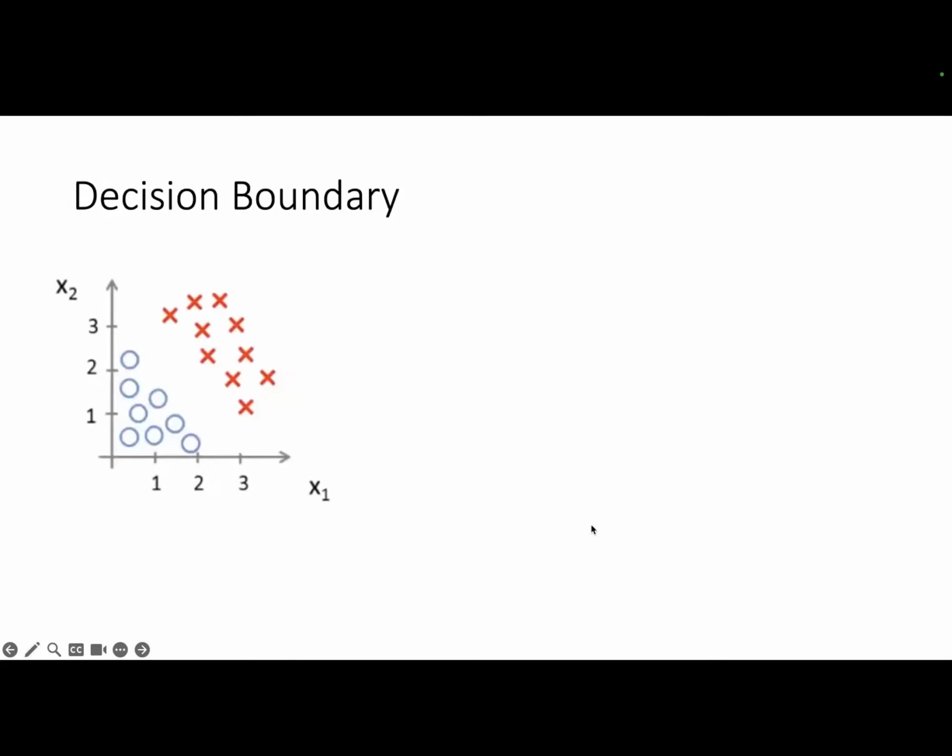Okay, now let's talk about what's called a decision boundary. Now, this is also another type of classification, obviously, right? But of course, when you get a data set, it's not that obvious. I mean, this was made obvious by plotting these data as circles and these data as x's.